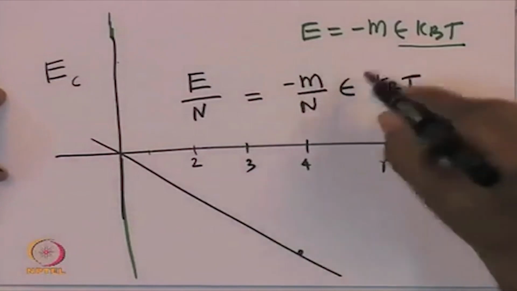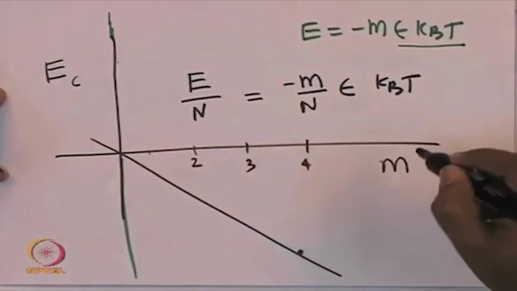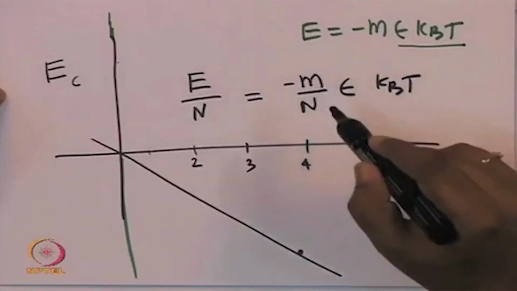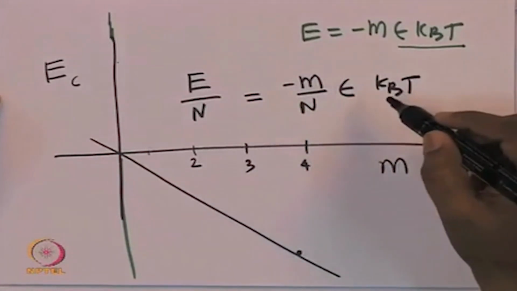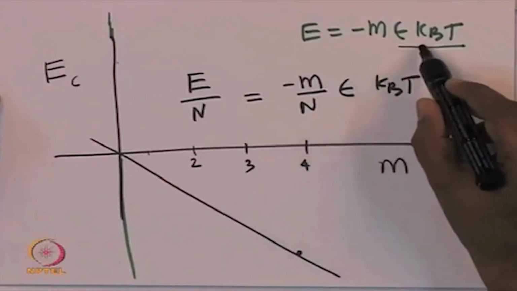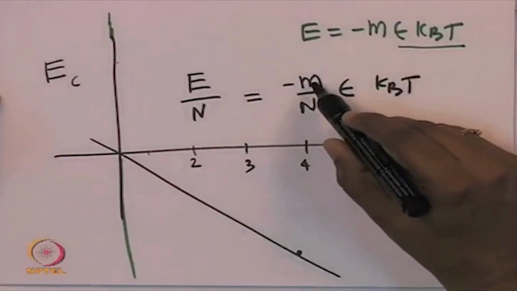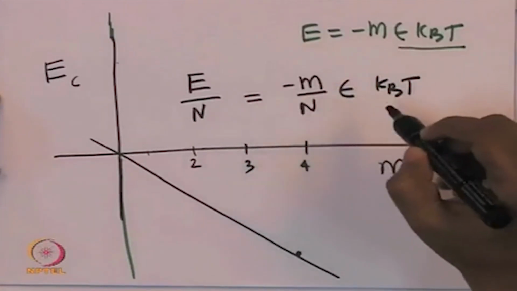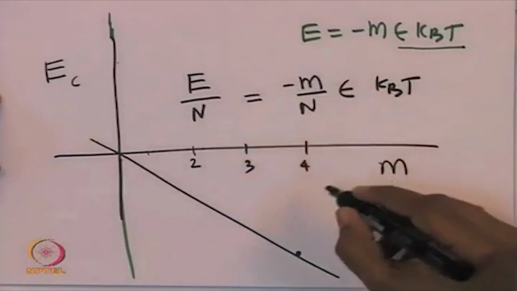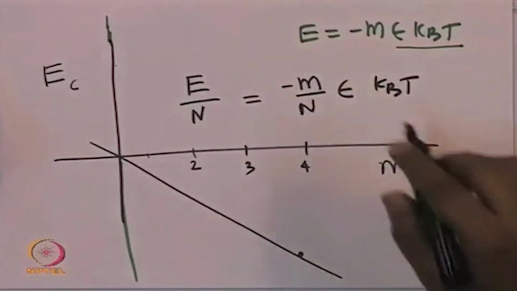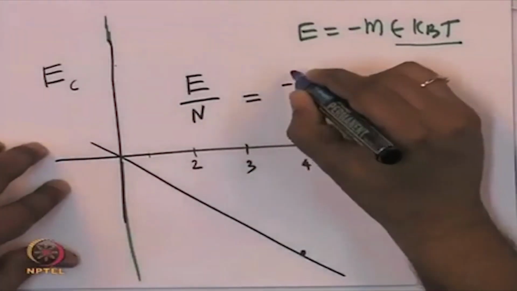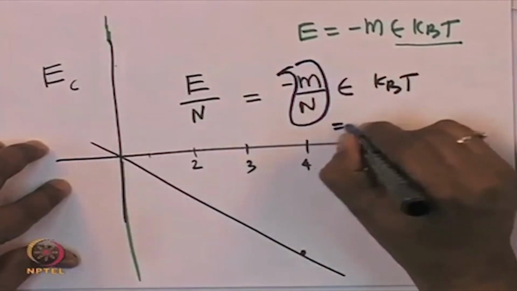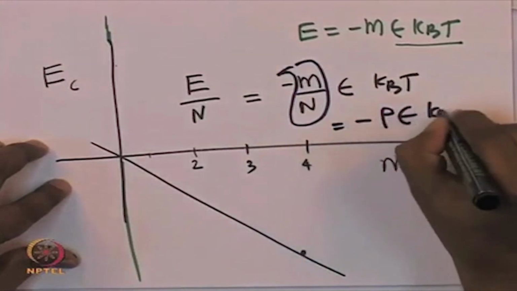Here m means the number of sites occupied, the number of proteins bound. So, there are n binding sites, m proteins bind, and m by n is the fraction of proteins bound. Let us call this fraction rho. We can call this a density or fraction, so this becomes minus rho epsilon kBT.